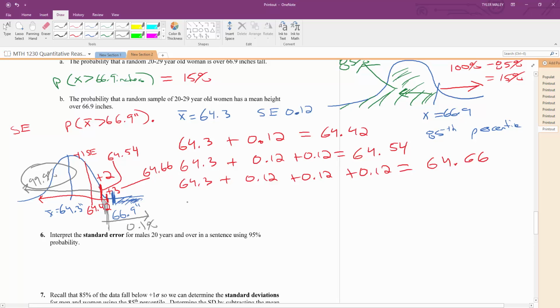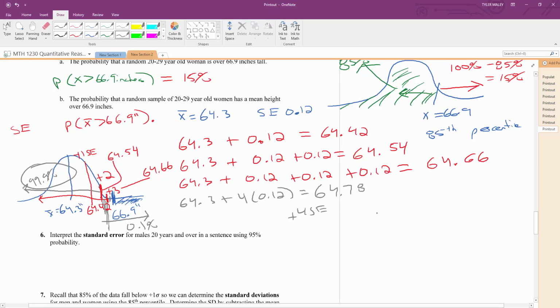Even if we look at 4 standard deviations away, so 4 times 0.12, which would be 4 standard errors, plus 4 standard errors would be 64.78, which would be even further away. So in essence, after doing this, you should come up with essentially 0%.